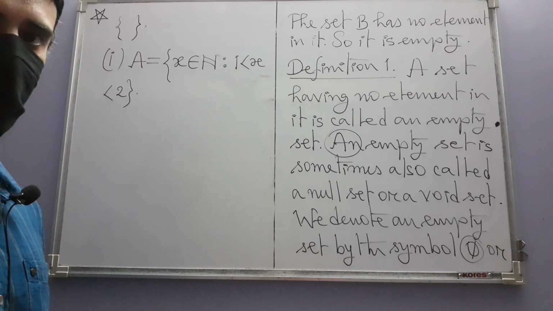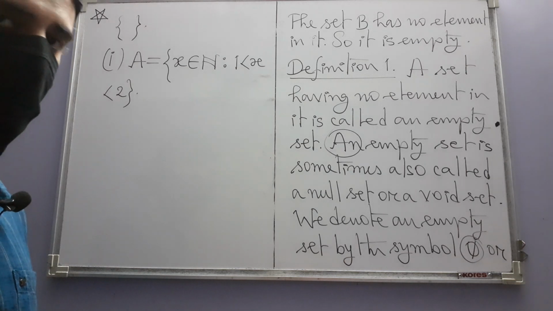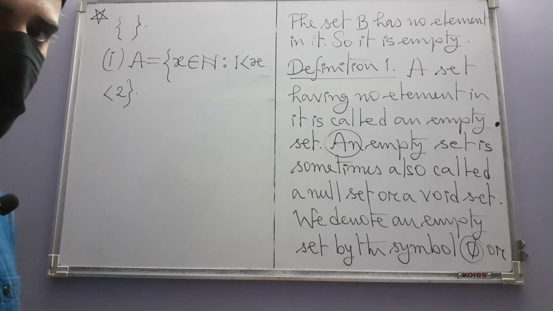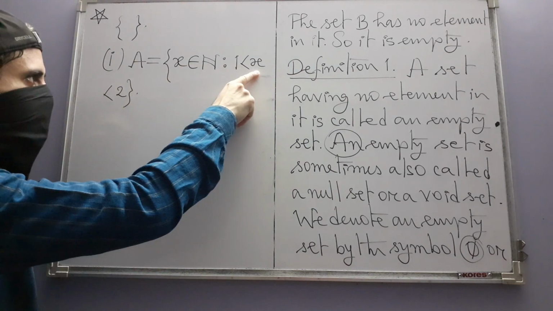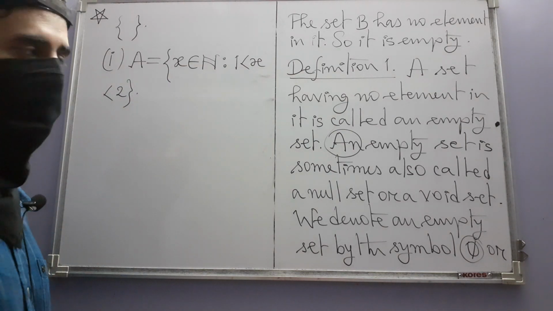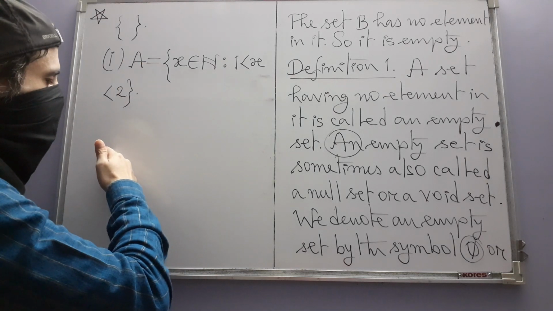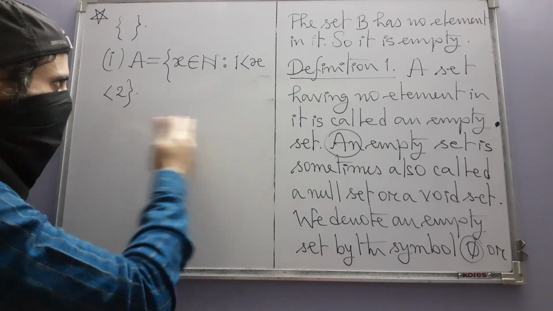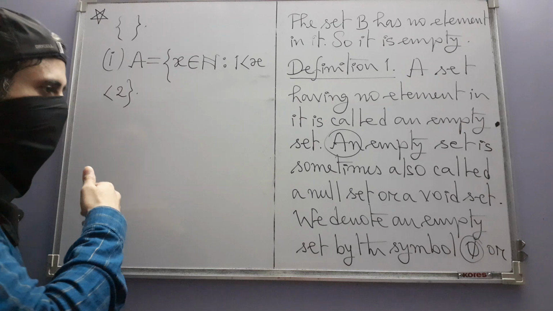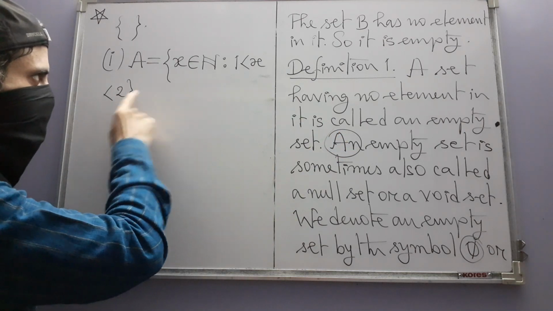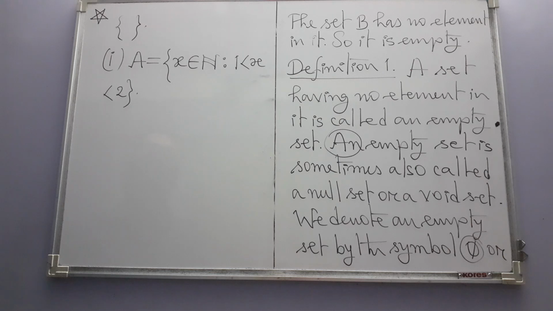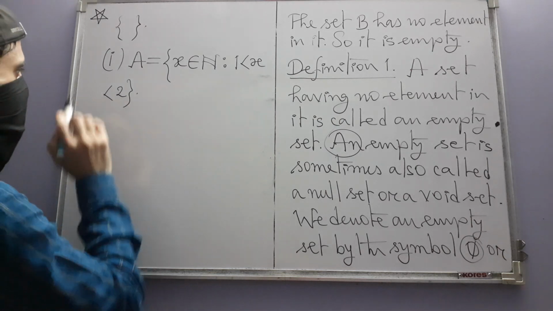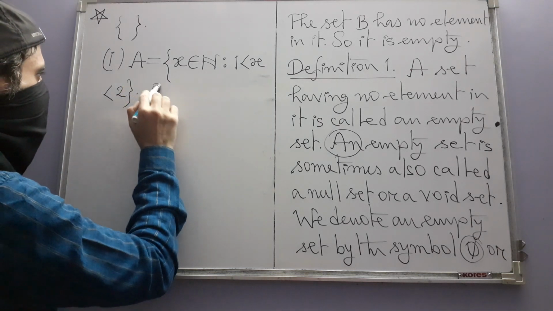Is there a natural number that is greater than 1 and at the same time less than 2? No. Because in between 1 and 2, strictly there is no natural number. The natural number that comes right after 1, if one goes like that, is 2. There is nothing in between. I mean, as far as natural numbers are concerned. So that's why this set is empty.